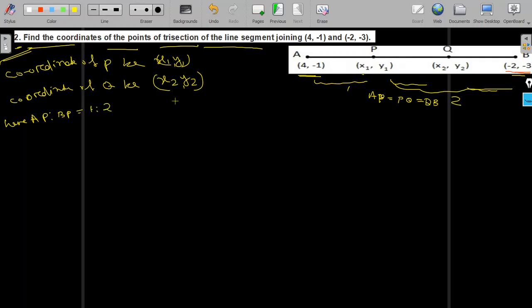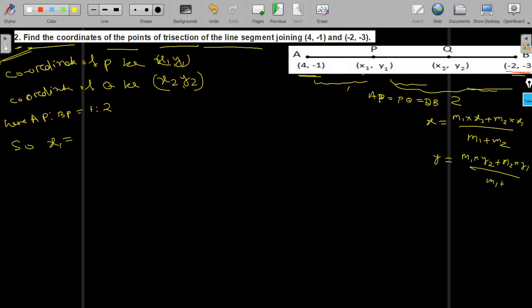So now we have to find the coordinates. You know the section formula. What is the section formula? The generalized section formula is x equals m1 into x2 plus m2 into x1 divided by m1 plus m2, and y equals m1 into y2 plus m2 into y1 divided by m1 plus m2.